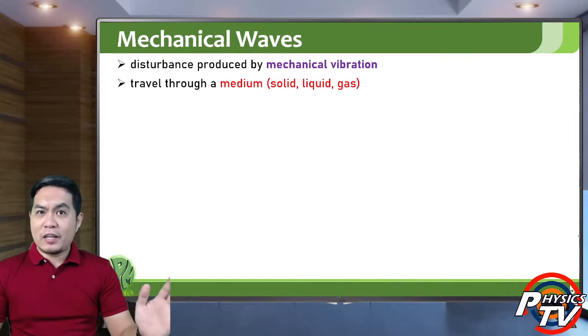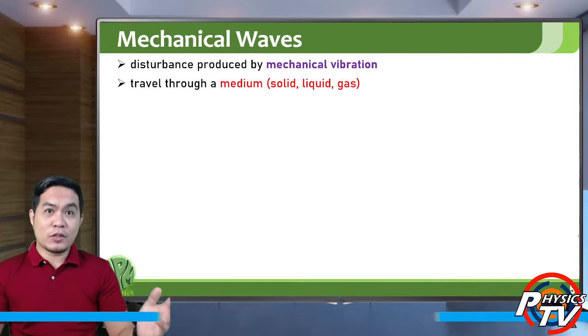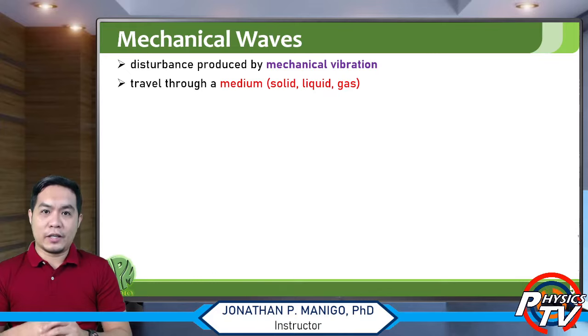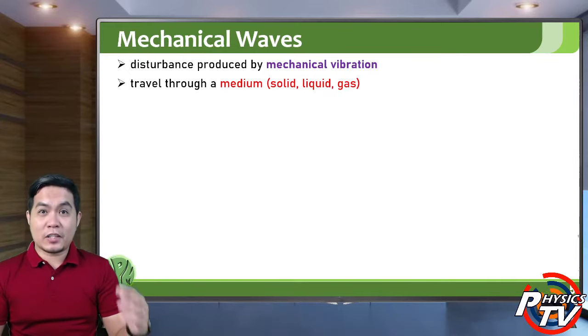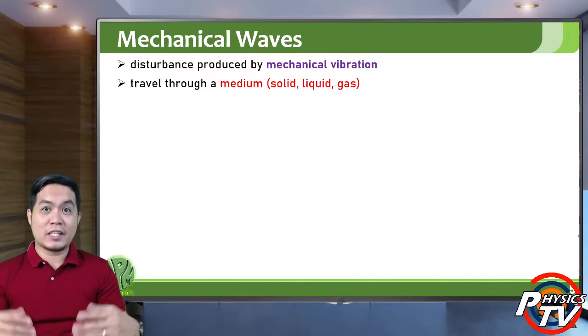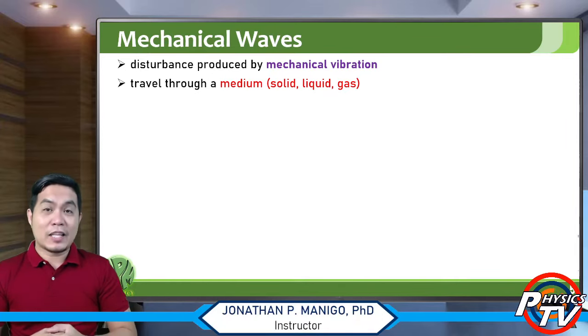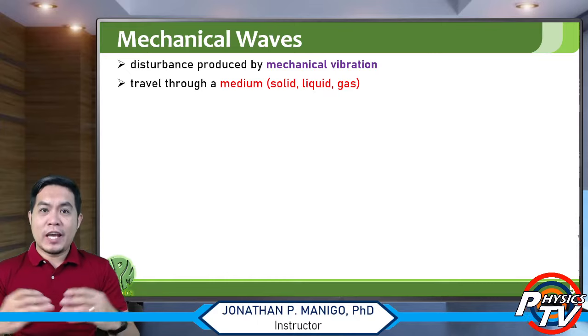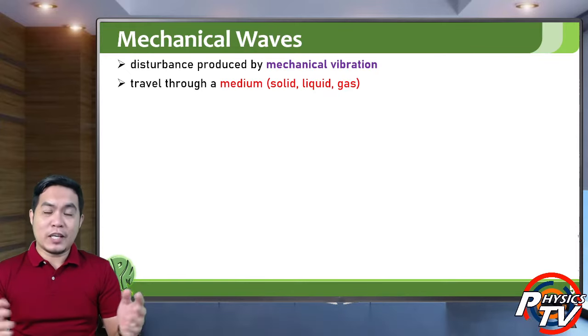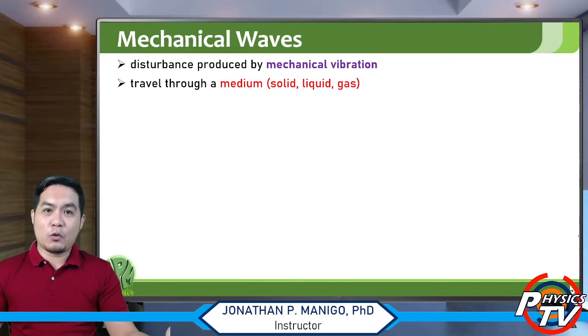Unlike non-mechanical waves such as gravitational waves or electromagnetic waves like light. We will discuss this in the last chapter for this course. Those types of waves don't need a solid, liquid, or gas in order to travel. So only mechanical waves need a medium.